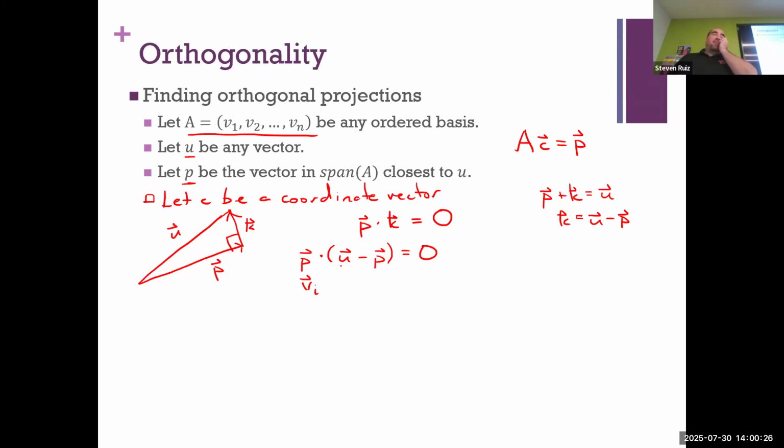Basically, this is just the generic vector in that span. Actually, that's not quite right. P is not equal to V. P is equal to A times V.